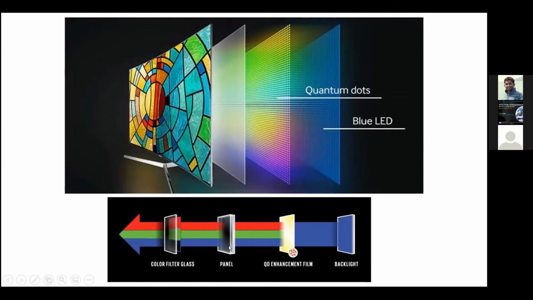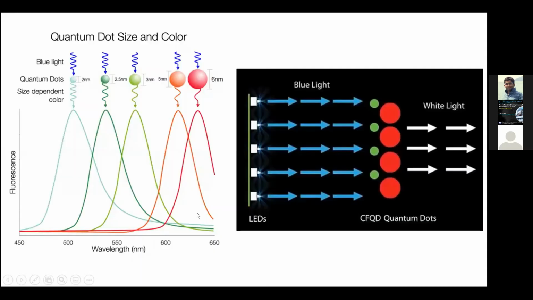And it's a very basic phenomenon. And here you can see the backlights, and a quantum dot enhanced film, and we have a panel, and we have a color filter glass, which filters the light, and we will have very bright white light emission.